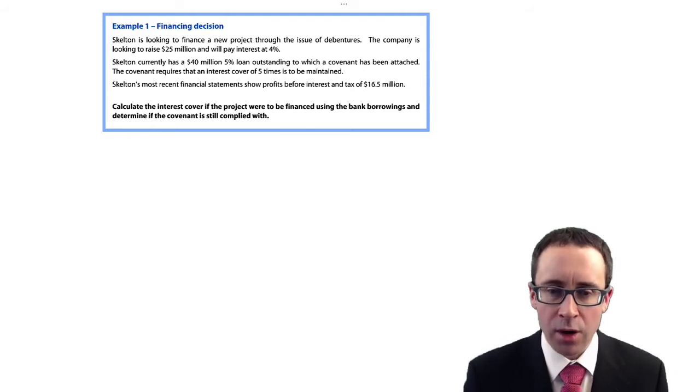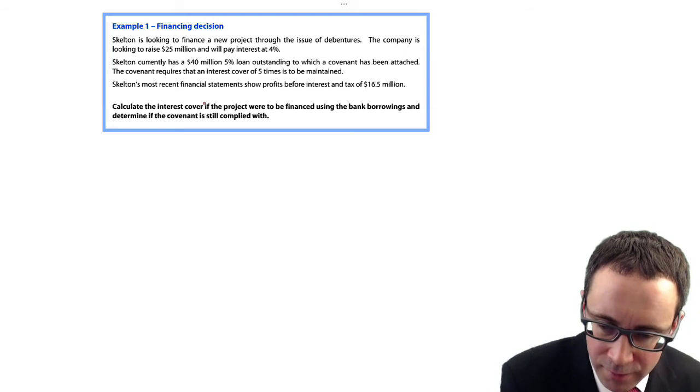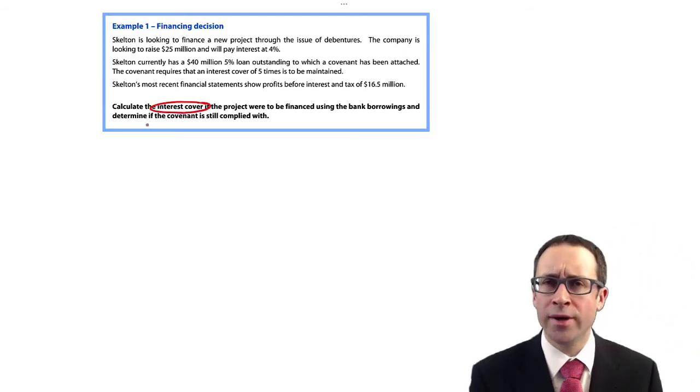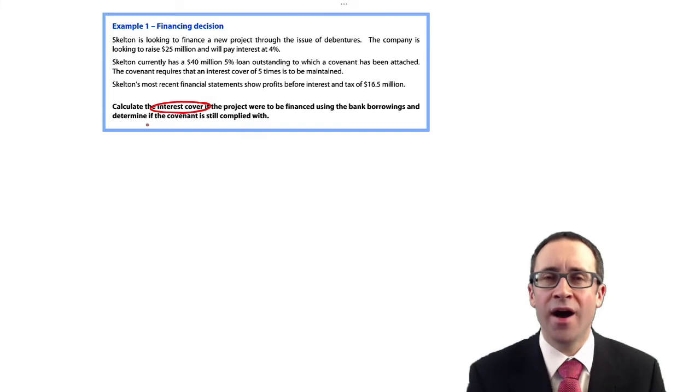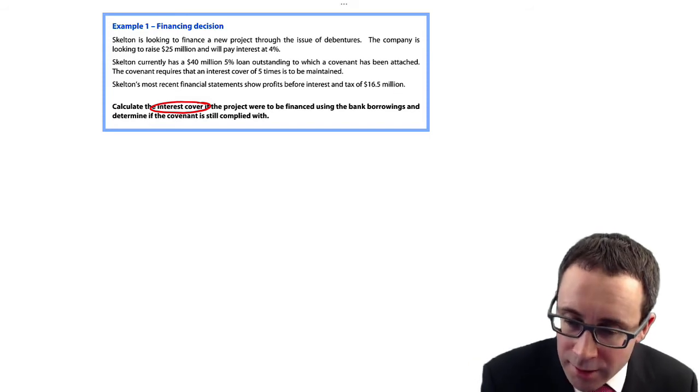So what we've got there is, it says calculate the interest cover. Remember, your interest cover is profits before interest and tax, your operating profit, divided by your interest paid, by your finance costs. And see if it is financed using bank borrowings.